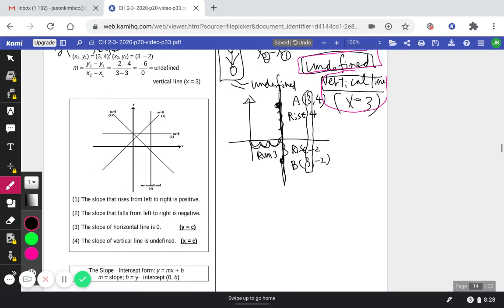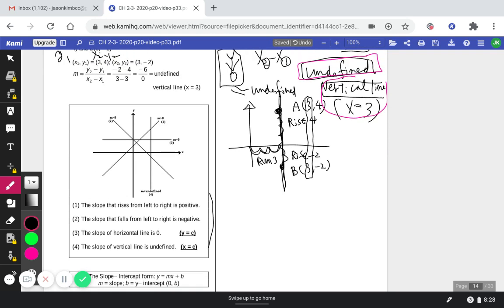Okay. Now again, this is a summary of slope. Rise from left to right is always positive. So that means the left side is down and the right side is up, then slope is positive. Slope that falls from left to right, slope is negative, going down.